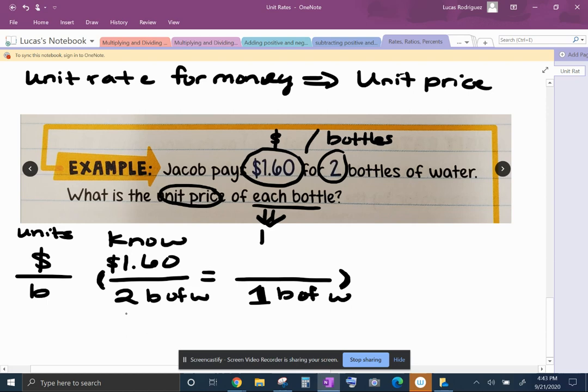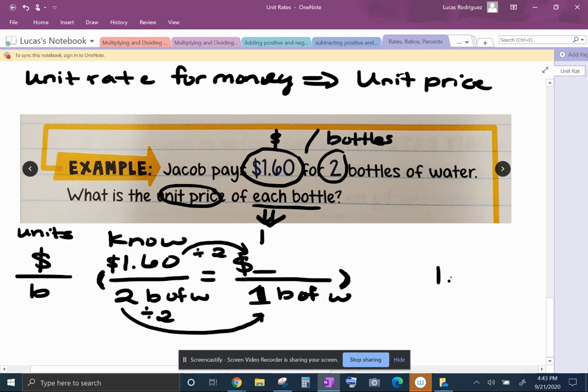How I go from 2 to 1 is I just divide by the same number, because 2 divided by 2 will get me 1. If I want these two ratios to stay the same, I need to divide by the same number. So in order to get this blank, which is the amount of money per 1 bottle of water, I need to divide.